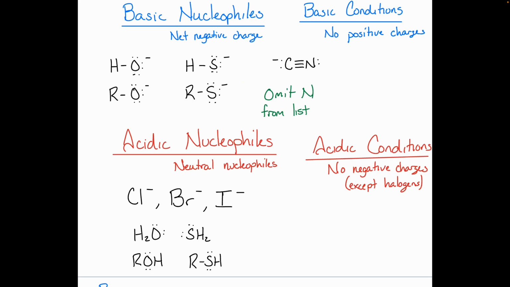It has kind of weird reactions with aldehydes and ketones, right? The rest of these nucleophiles we can kind of throw together, and their reactions with aldehydes and ketones follow the exact same pattern. Nitrogen we're going to see is a little bit different of a beast. So we're going to omit any nitrogen nucleophiles from this list, and we'll talk about that next week as to how those reactions are a little bit different.